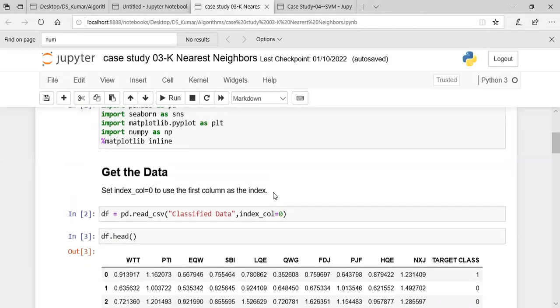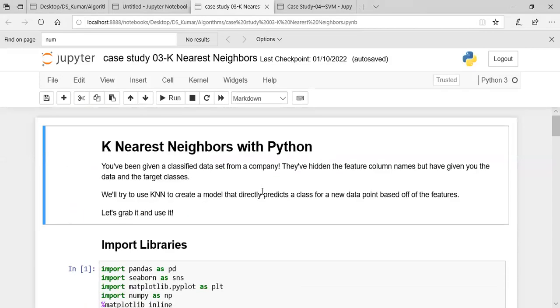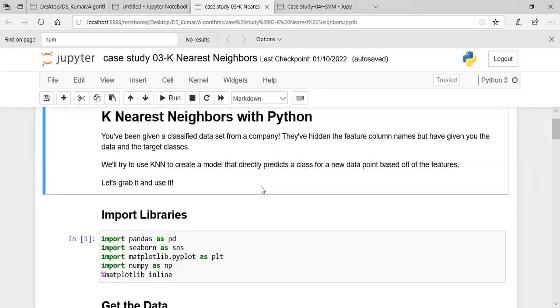We have seen these things in the earlier session, friends, but we have not discussed each and every line of the code. So what is the scenario, friends? Can someone help me connect what exactly we are trying to do there? We have seen the data set also. There is a company from which we are getting some data, and they want to hide their features.